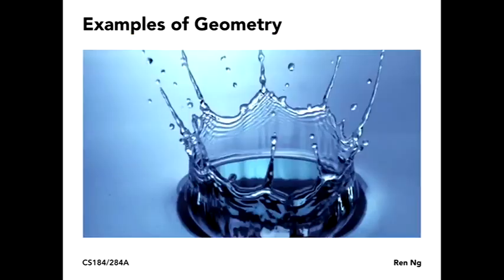Modeling of things that you might connect to scientific simulations you might want to run. Maybe you could represent the surface of water as geometry and use that in scientific experiments to calculate the dynamics of how droplets of water interact and become crowns that we see here.